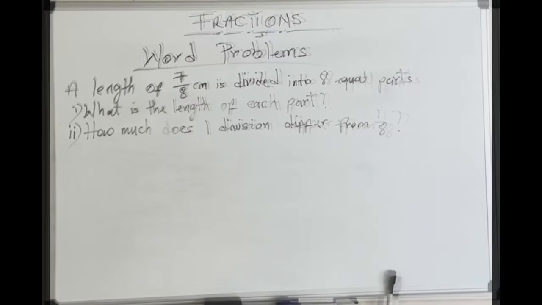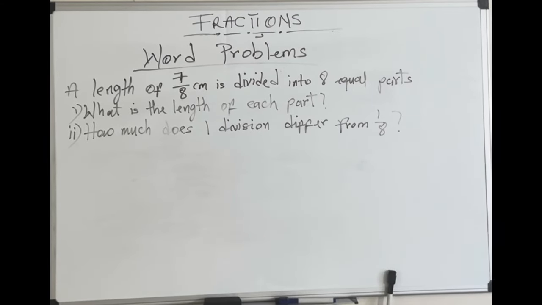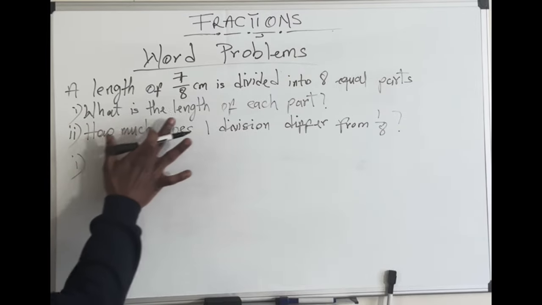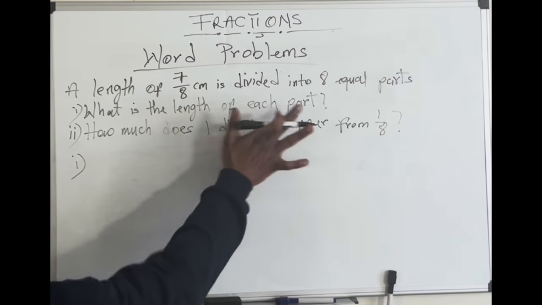So we have another example. A length of 7 over 8 centimeters is divided into 8 equal parts. I. What is the length of each part? II. How much does one division differ from 1 over 8? So let's work on the I first. So we need to change word problems to mathematical statements before we can work them out. Right now it said, what is the length of each part?